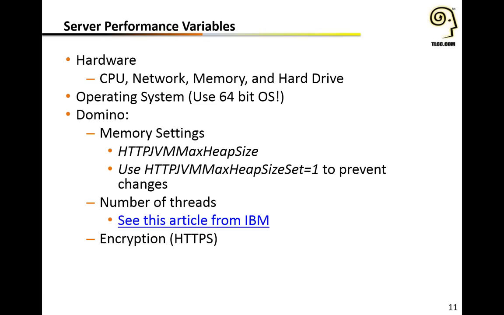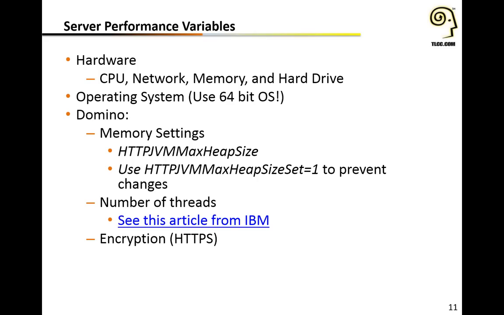If you do change that, you need to use the second notes.ini setting that I have here, where you set that to 1 to keep the notes.ini setting for the memory from getting set back to the default when you upgrade your Domino, either put on a fix pack or go to a new point release or a new version.